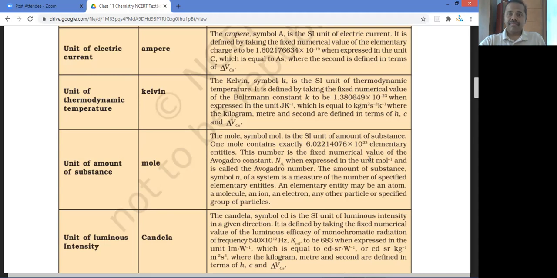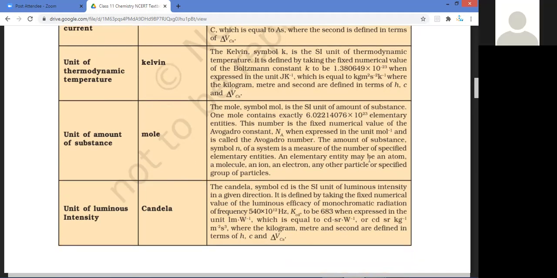This is the Avogadro constant. Any 1 mole of different elements, you take this many entities together as 1 mole. An elementary entity may be an atom, a molecule, an ion, an electron, or any other particle.